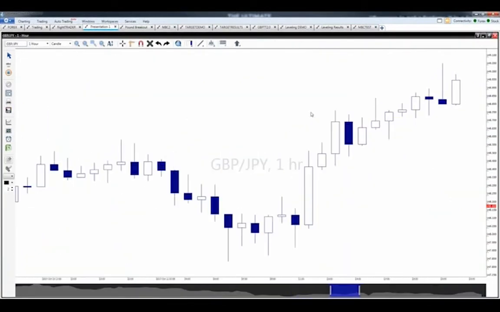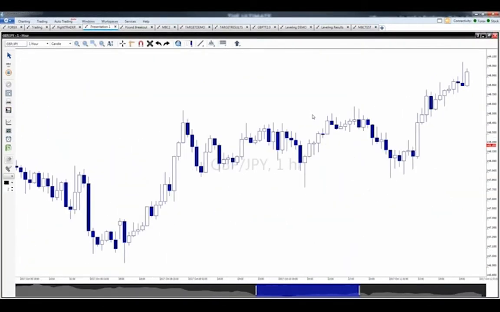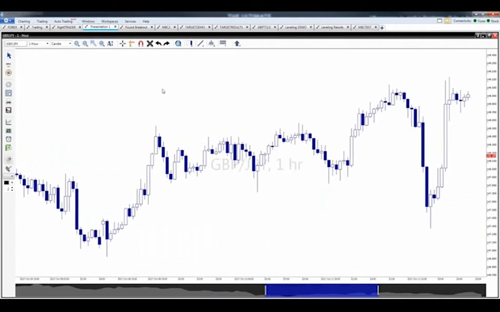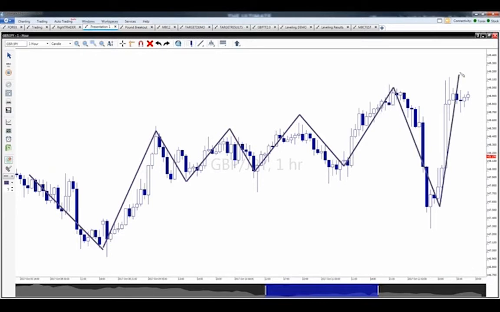The thing about the currency market, as we talked about before, the beautiful thing is it moves in these patterns. The currency market will move in wave-like patterns where it will move down, push back up, move down, push up, move down, push up, way down, push way back up.